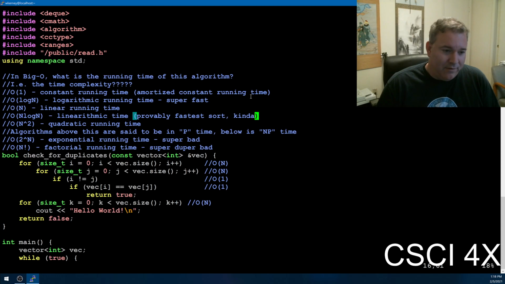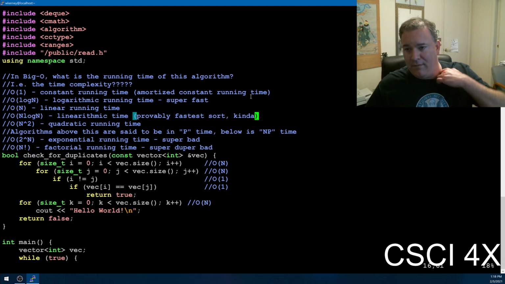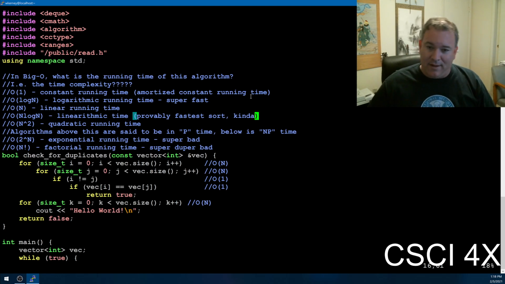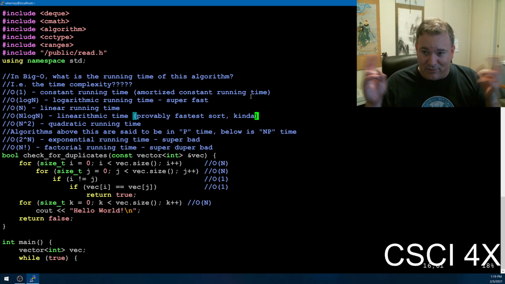Now, if you've done the reading, you'll know that there are things like radix sort and things like that, that if there are special properties of the data, then you can sort faster, right? Like imagine you're sorting the results of coin flips, so the only things you're sorting are heads and tails results. Well, you don't need to actually do a sort per se. You can just go through it and count how many heads there are and how many tails there are, and then be like, all right, there were 50 heads and 20 tails or whatever, like that's a sort.